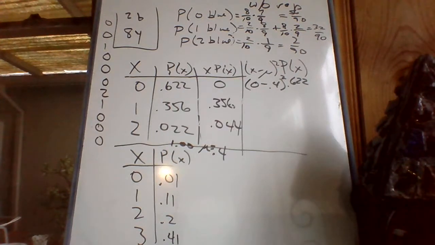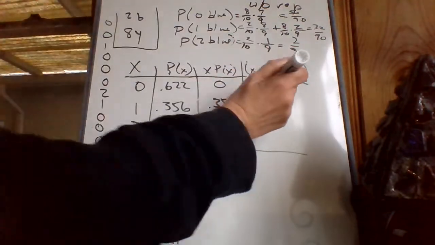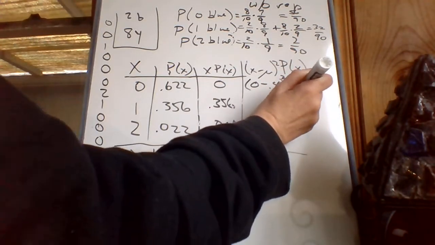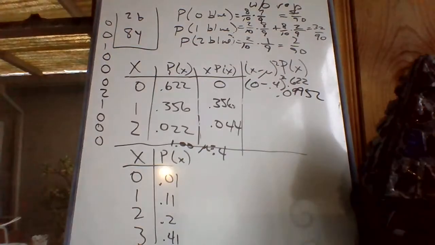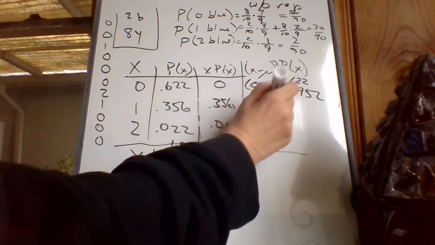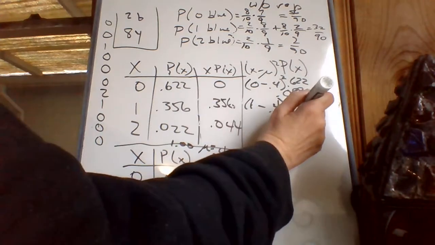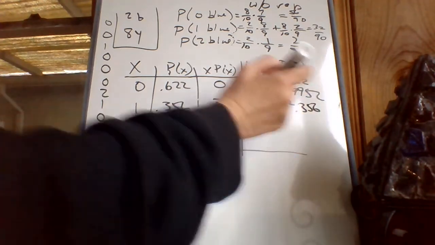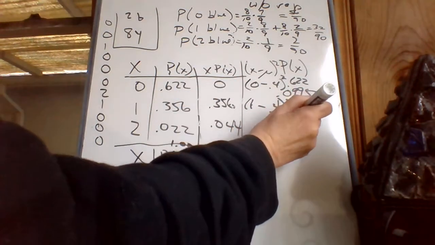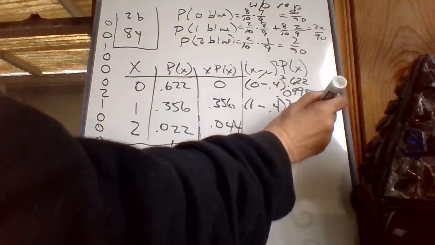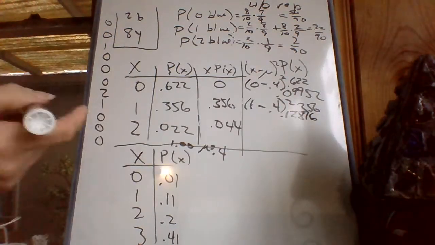Anyway, so 0.4 times 0.4 is like 0.16, and then I multiply it by 0.622, and this is 0.09952. Then I do the same thing here, 1 minus 0.4 squared times 0.356. So 0.6 squared, 0.36, times 0.356, 0.12816. It's less sloppy in the notes.